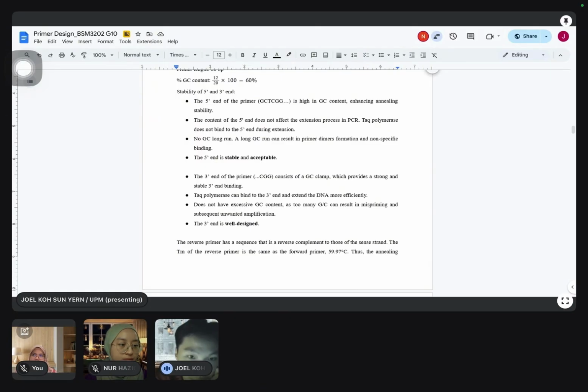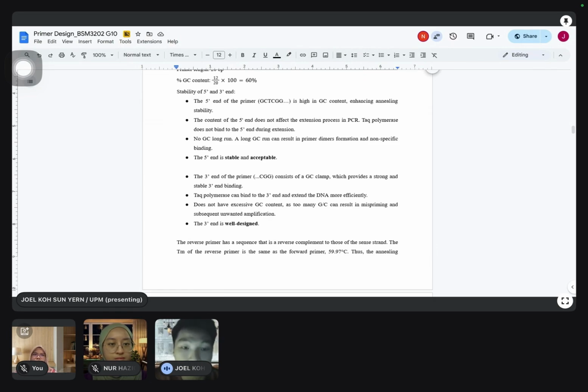But it is not important. We don't have to prioritize the 5' end, because this is not the starting point of extension. The Taq polymerase will not bind to the 5' end and begin extension, but instead it binds to the 3' end. So we don't have to prioritize much on the nucleotide composition at the 5' end of the forward primer.